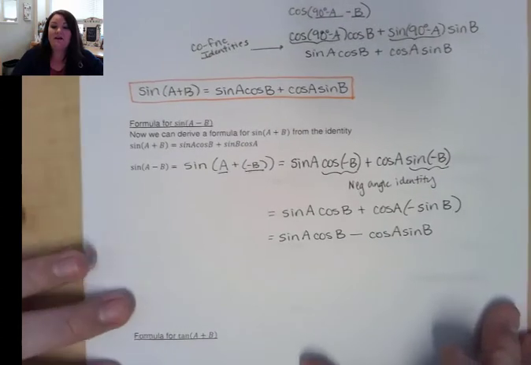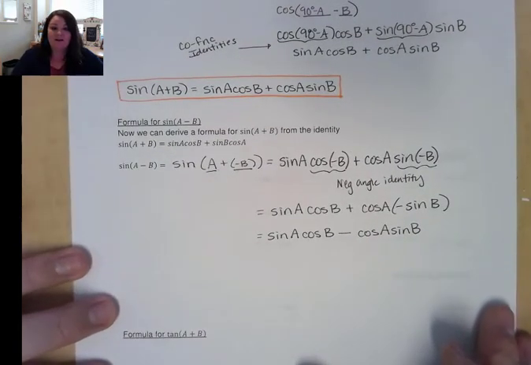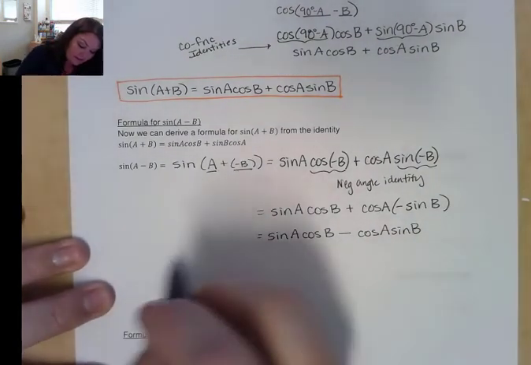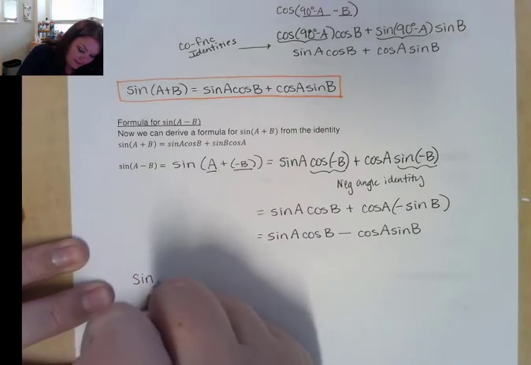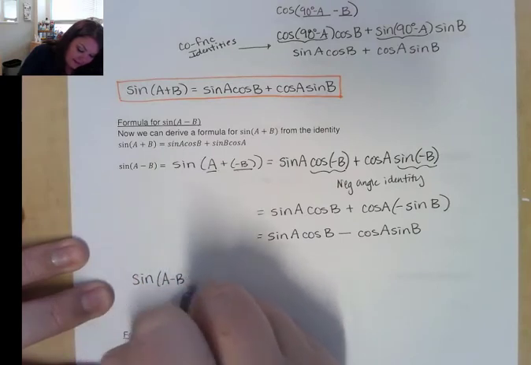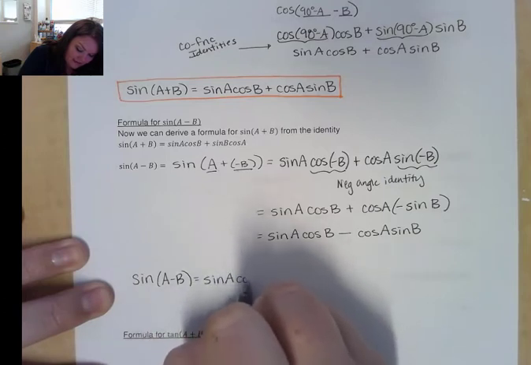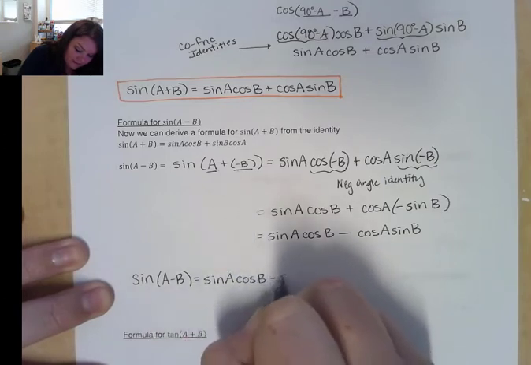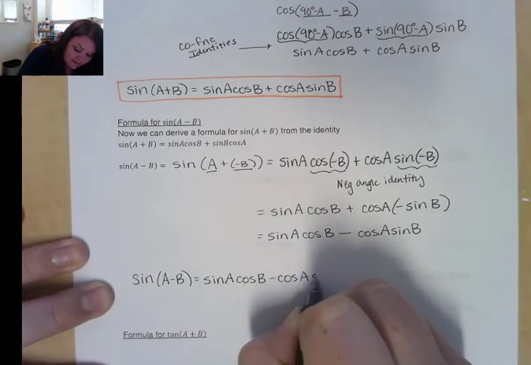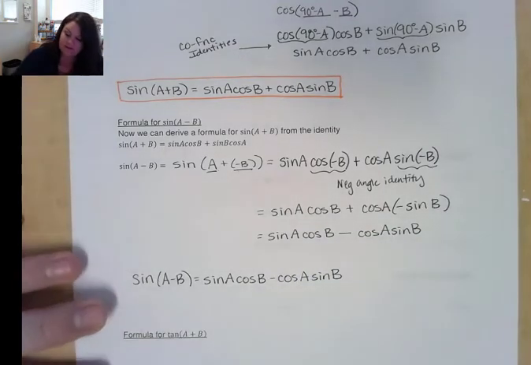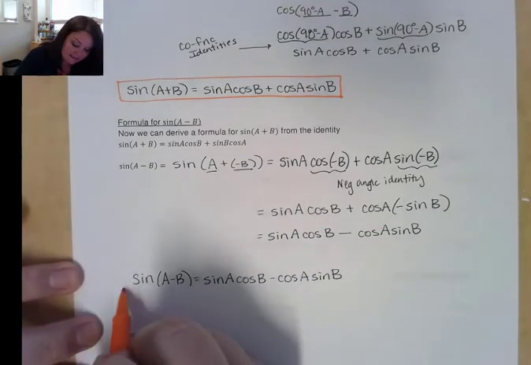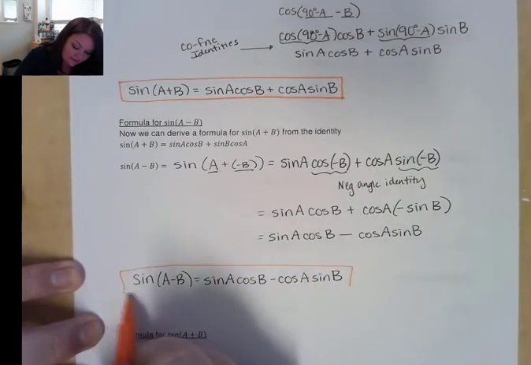And that gives us our second sine identity. So this tells us that sine of A minus B is equal to sine A cosine B minus cosine A sine B. And that's our second identity for sine.